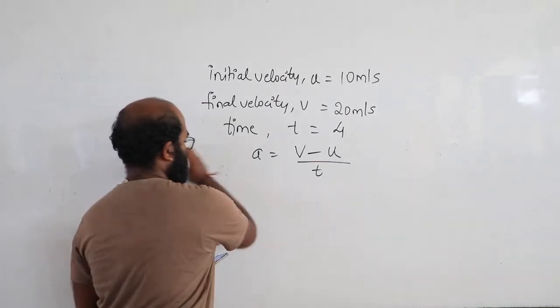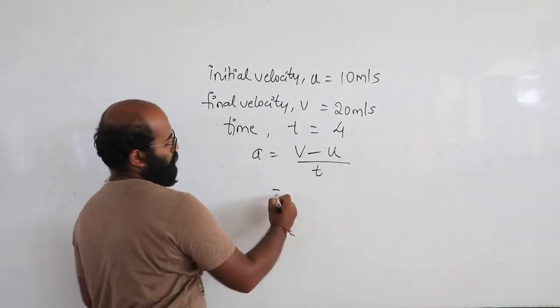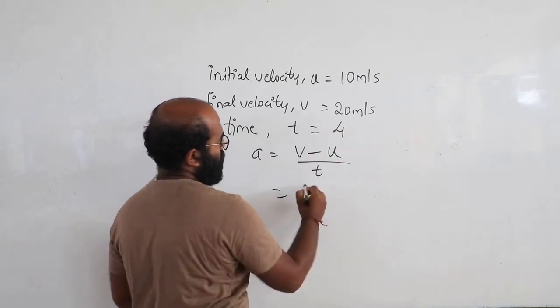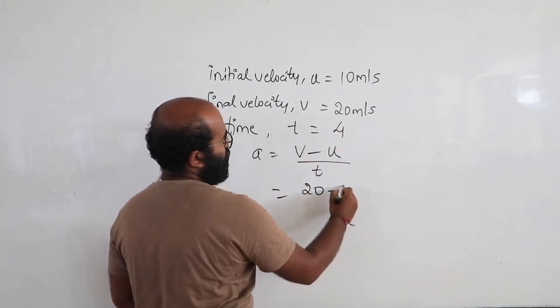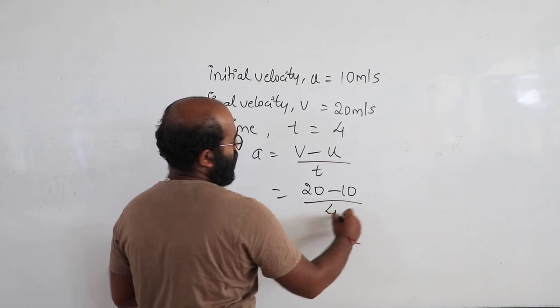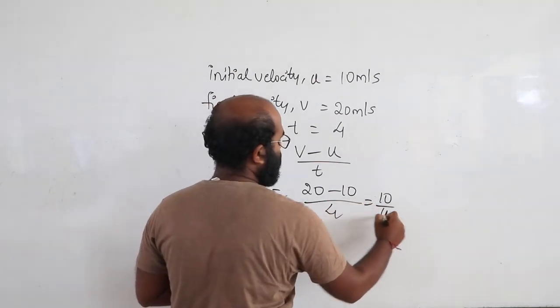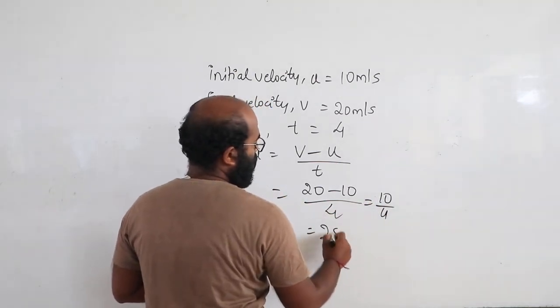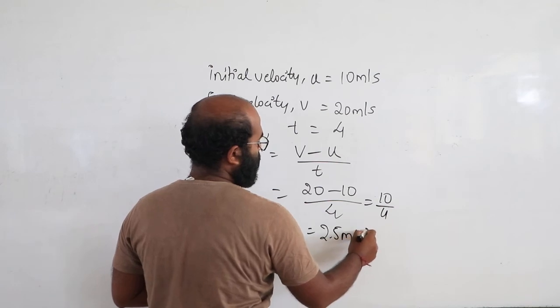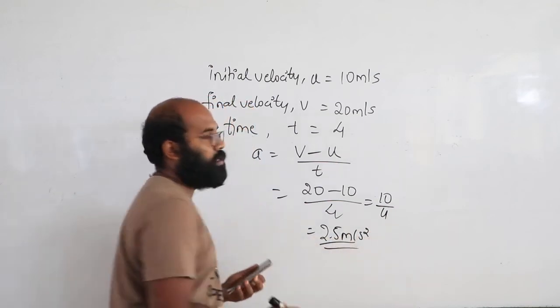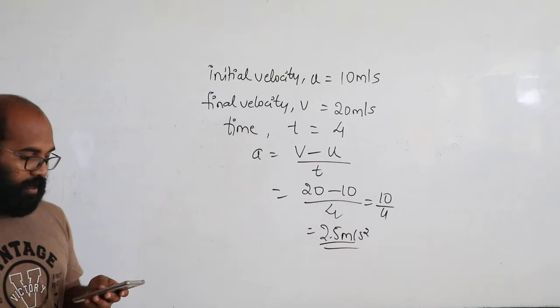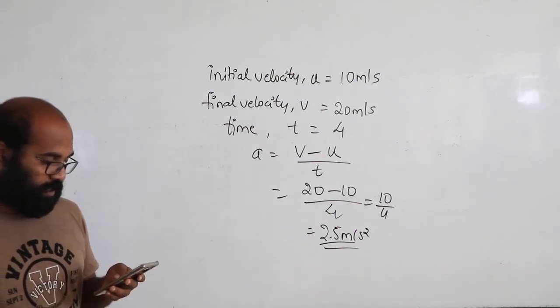What is the acceleration? So final velocity, that is 20, minus initial velocity 10, divided by 4, is 10 by 4, 2.5 meter per second square. So the acceleration is 2.5 meter per second square.